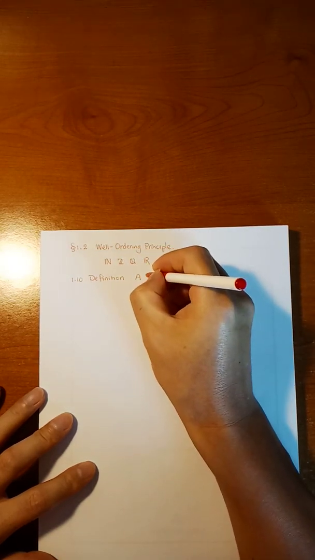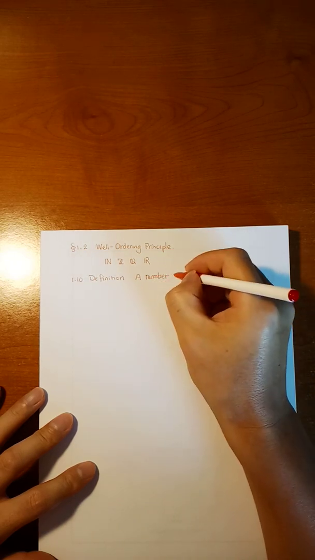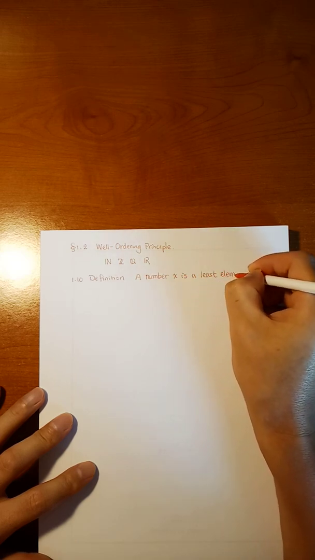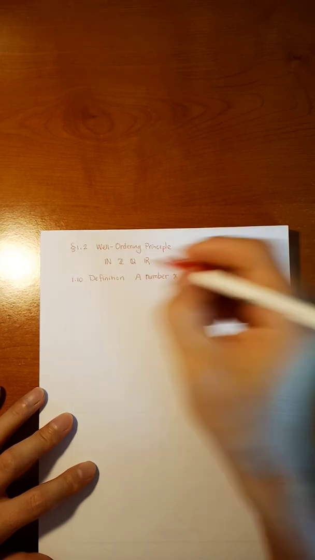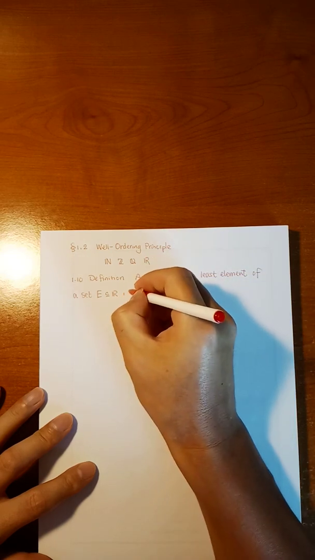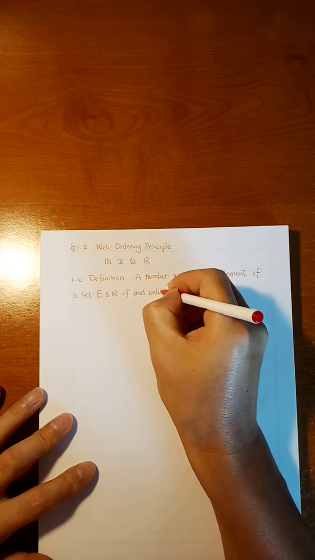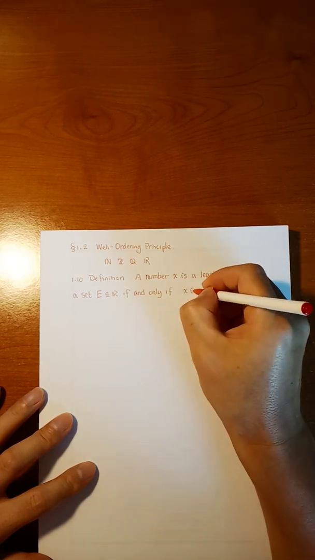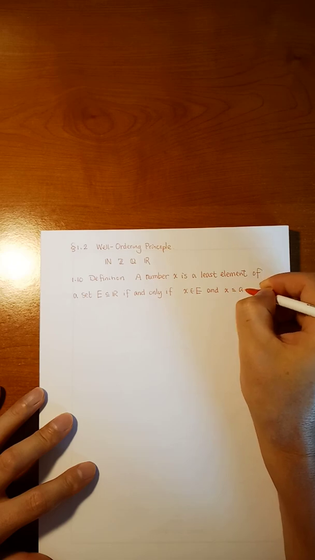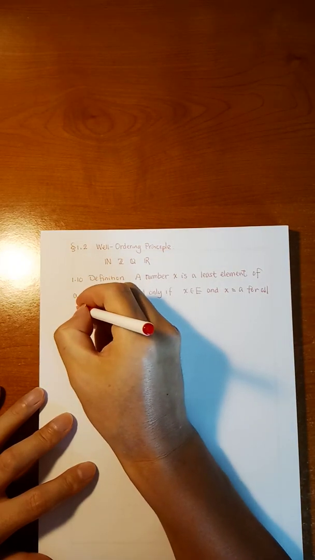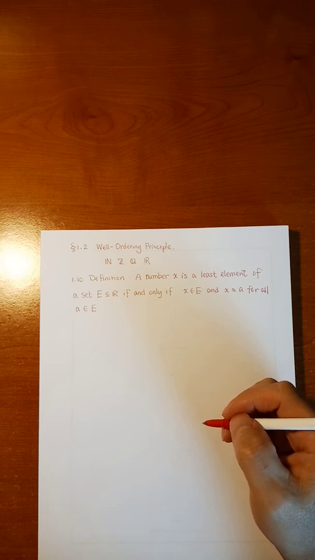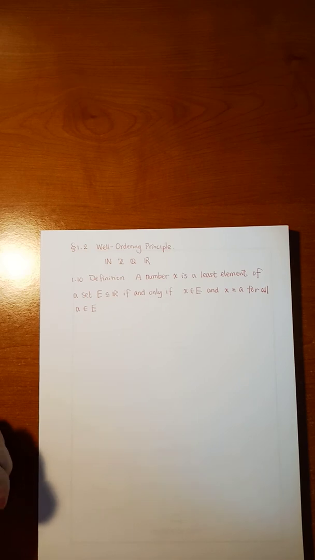Definition: a number x is a least element of a set E, a subset of R, if and only if x belongs to this set and x is less than or equal to a for all a in E. So it's an element that is less than or equal to any other element from this set. Then it is called a least element.